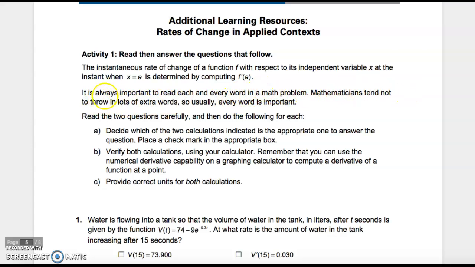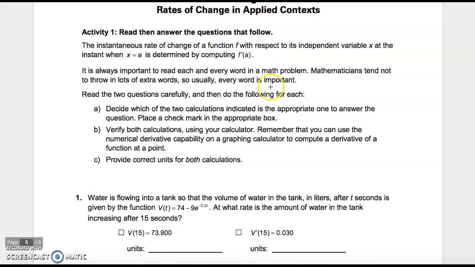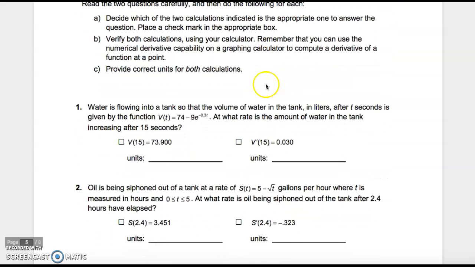Mathematicians tend not to throw in lots of extra words, so usually every word is important. And so we're going to decide which of the two calculations is appropriate to answer the question. So it's either going to be the original function would be the right answer or the derivative would be the correct answer. And then we are going to make sure to write down our units for these, okay? We're going to skip part B for now. We're going to come back to that later.